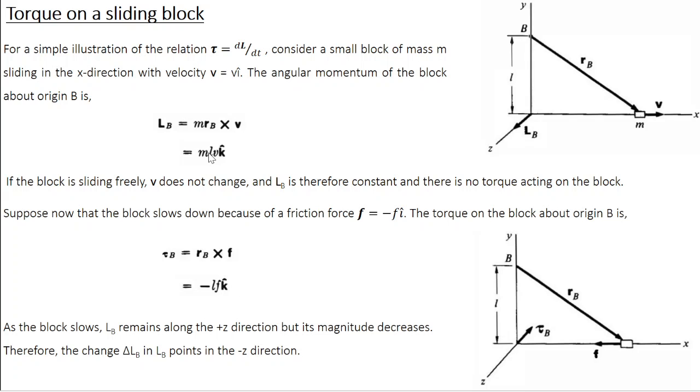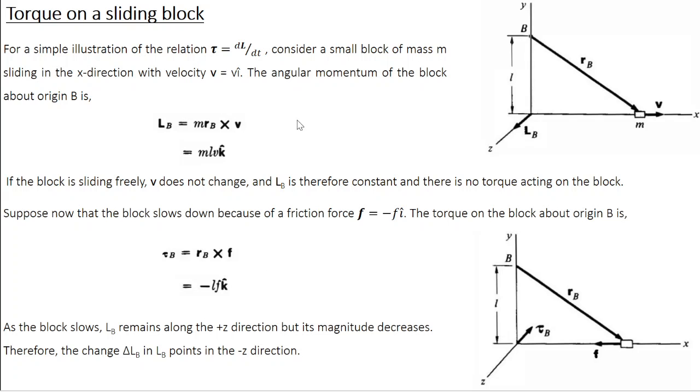So angular momentum is in the plus z direction, but the torque is acting in the minus z direction. And torque is nothing but rate of change of angular momentum, right? So the angular momentum is in the plus z direction, but the change in angular momentum is in the minus z direction. So as the block slows down, its angular momentum is going to decrease. That's the meaning of it.